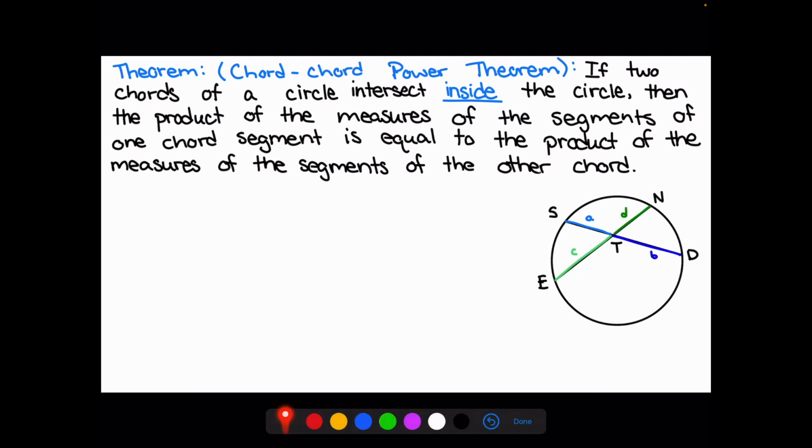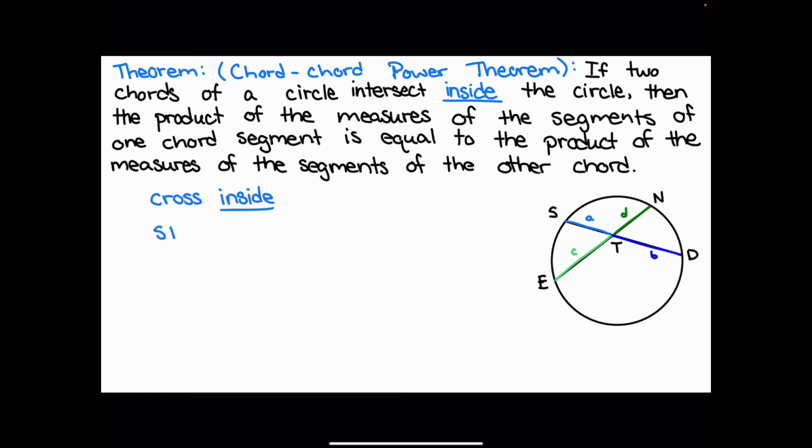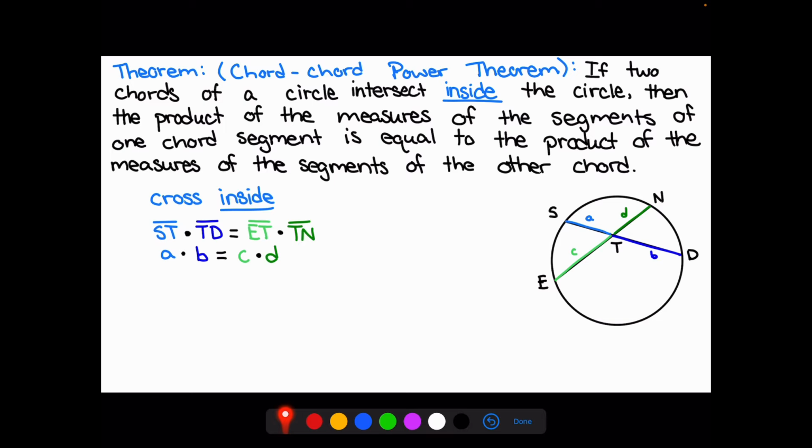If I label these with variables, A, B, C, and D, again, we want to stay on the same segment. So I'd have A times B equals C times D. And that's the chord-chord power theorem. Again, if they cross on the inside, stay on the same segment, A times B is equal to stay on the same segment again, C times D.